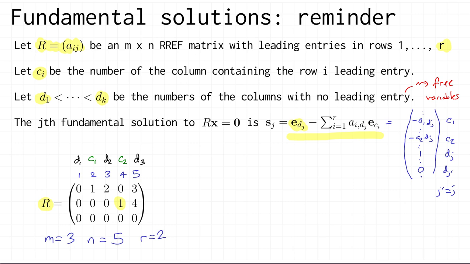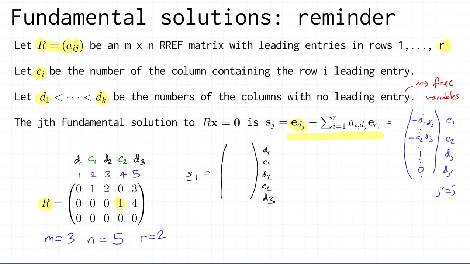So that's what's going on in this particular matrix. And then the fundamental solutions: there will be one fundamental solution for each of my free variables, so for each of these numbers, D1, D2, D3. For S1, we should have a column vector of height 5, with rows labeled D1, C1, D2, C2, and D3.